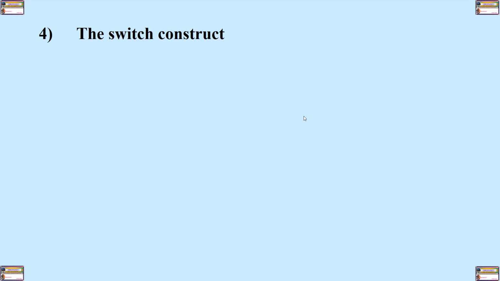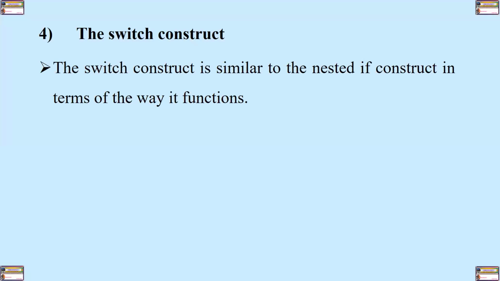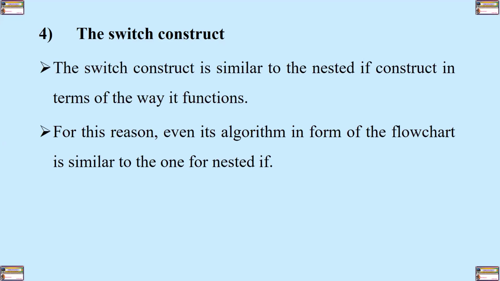The last selected control structure is called the switch construct. Now, the switch construct is similar to a nested if construct in terms of the way it functions. The only difference is it simplifies the code instead of having very many nested ifs. So for this reason, even its algorithm in form of a flowchart is similar.